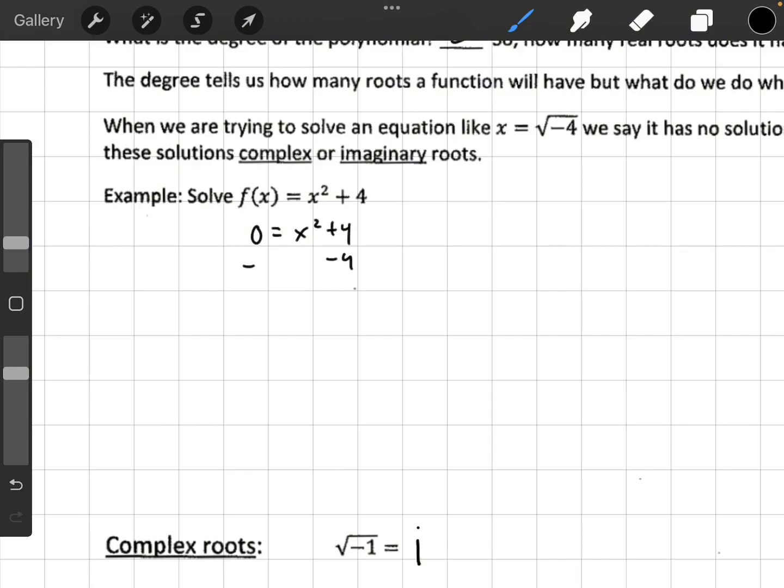We'll subtract 4 on both sides. And we'll take the square root of it. So we have x equals the square root of negative 4. But we know that we can't take the square root of negative numbers, so we say that there's no solution.